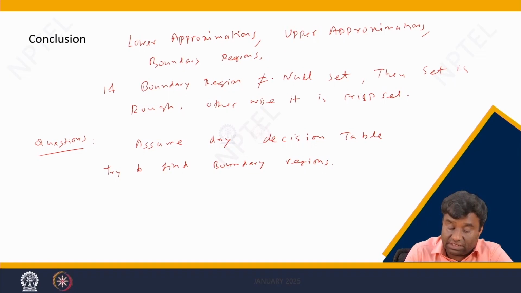So the question is: assume any decision table and try to find the boundary region.